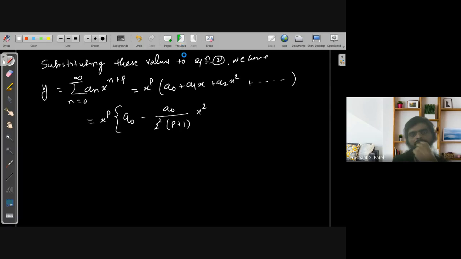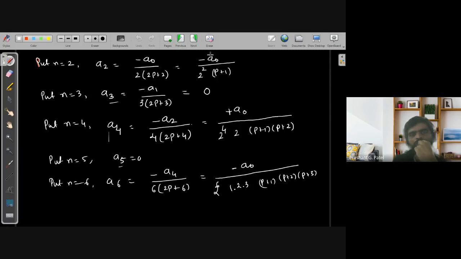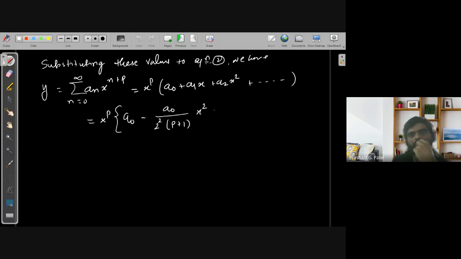So we can see that a2, the value of a2 is this. Then a3 will be 0. Then we'll have next value is a4, which is of positive sign, a0 upon 2 raised to 4 into 2 factorial p plus 1 p plus 2 into x raised to 4.